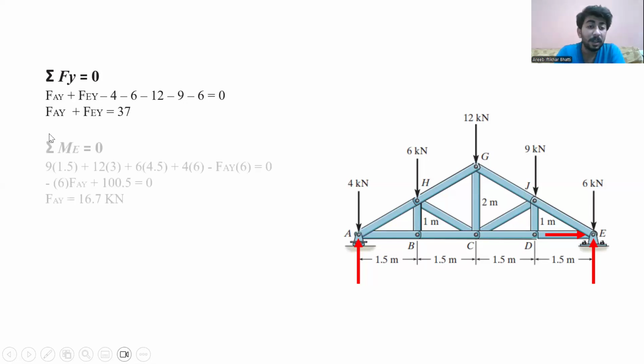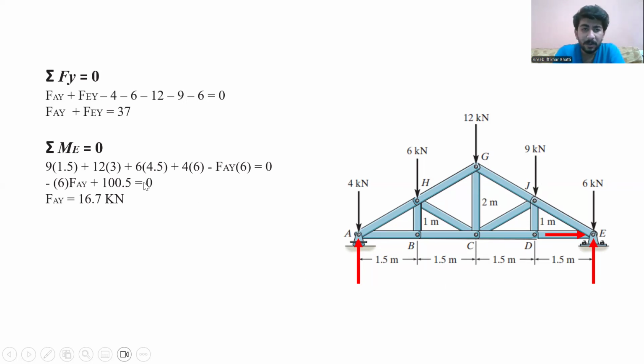So we apply moment. According to this equation, when we apply moment at point E, we get a 9 kilonewton force, which has a vertical distance of about 1.5 meters. And you are seeing that this force is moving in anti-clockwise direction, so it is positive, and we have a 12 kilonewton force, and it has a vertical distance of about 3 meters.